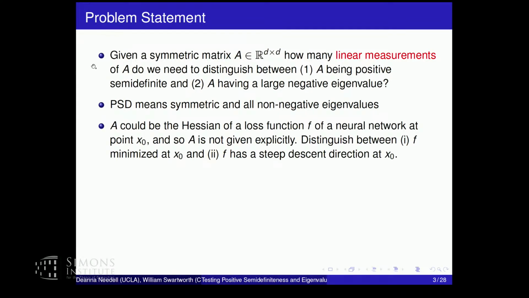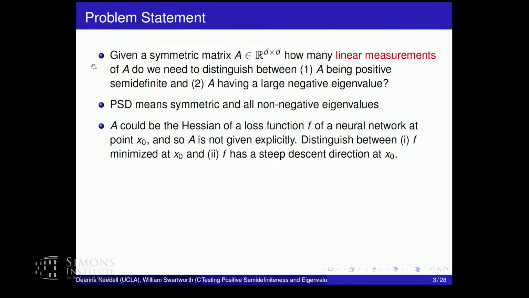What are some example situations where this problem might arise? A could be the Hessian of a loss function f of a neural network evaluated with some current assignment of weights, let's say x0. In this case, this matrix A is not given explicitly. It's impractical or infeasible to write down the Hessian of a large neural network.